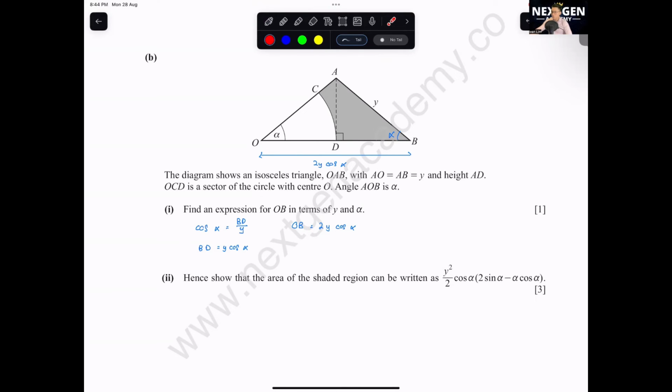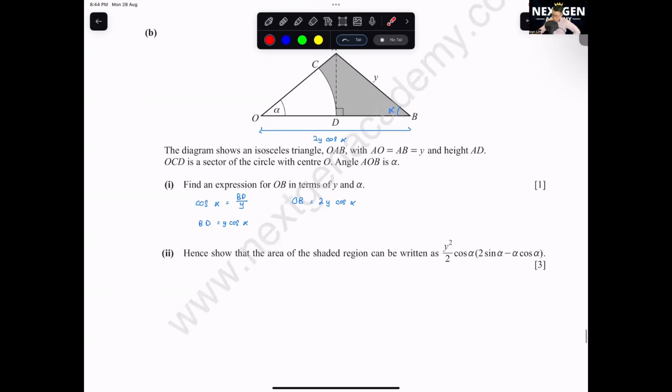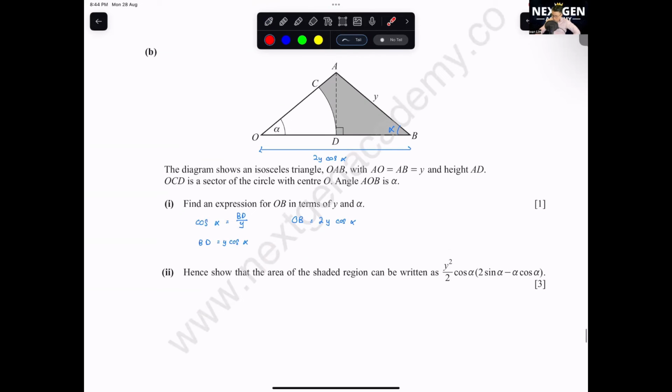So how to do this? Let's see what do we want. We can take the area of the triangle minus the area of the sector. But we need to put it all in expression. To find area of triangle, I can just use half times base times height. We find what's the height first.